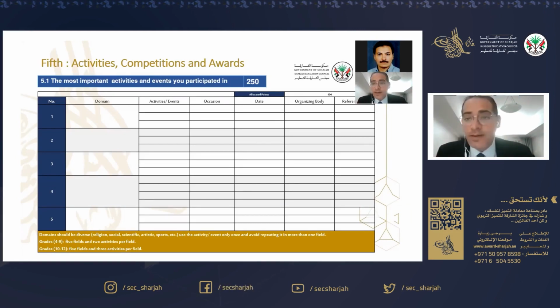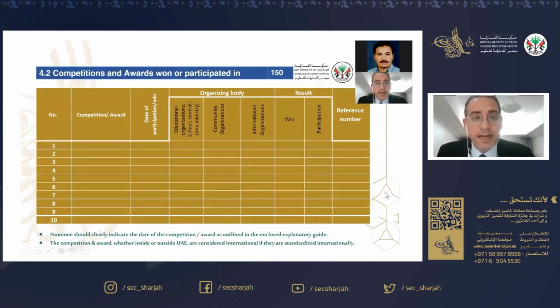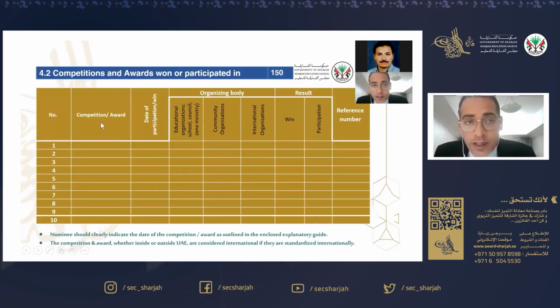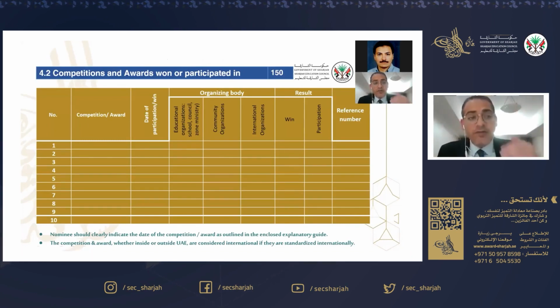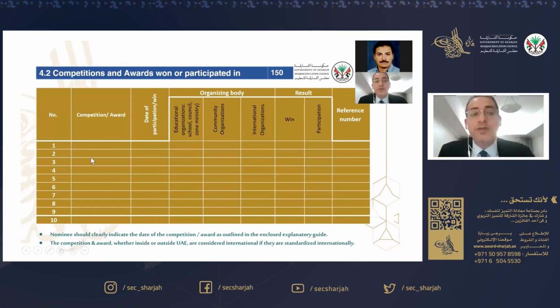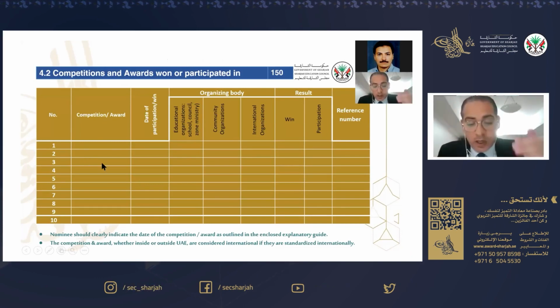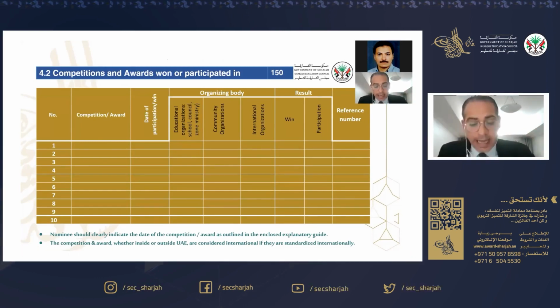For competitions and awards, the second part, as you see, now we come to competitions and awards. You see this table? We've got 9 competitions and awards. Please complete the table and show the evidence.